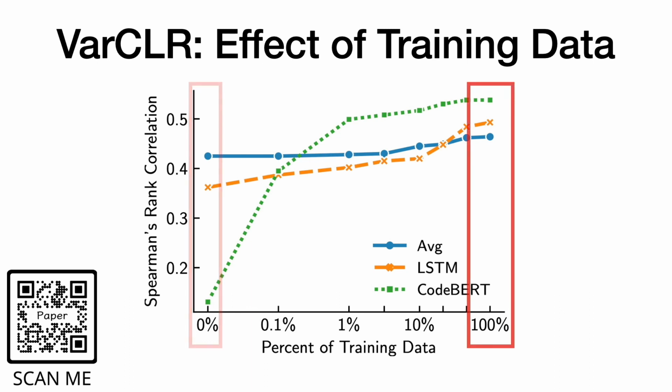But with the help of contrastive learning, all three models can be improved, and the improvements become larger with more contrastive training data. Interestingly, the CodeBERT model finally outperforms the other two methods because it is more powerful and can capture more desired properties that we discussed before, such as subword importance. With proper training with our objective, it can perform much better compared to the other baselines.